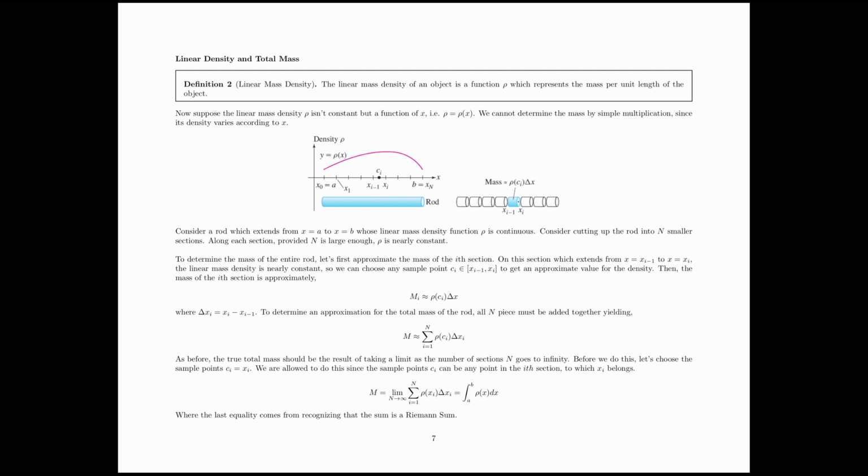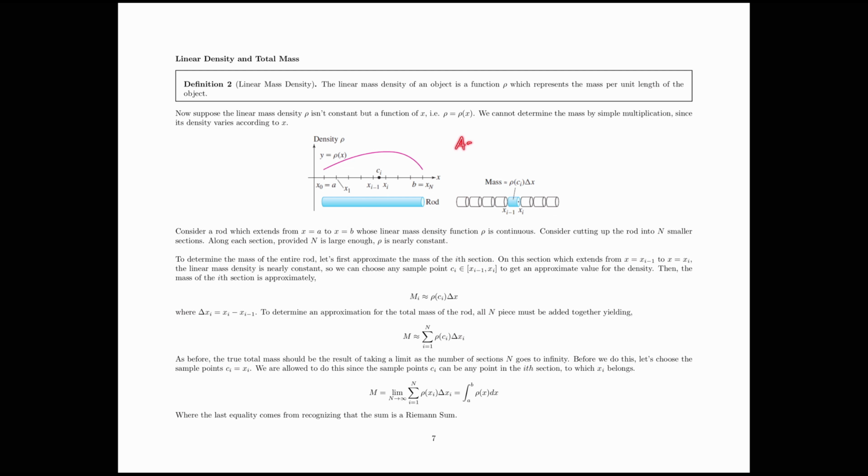Okay, so if we know the density at any x value, what we could do is split this rod up into lots of little pieces, as was done here. So here we have n pieces, n little chunks of this rod.